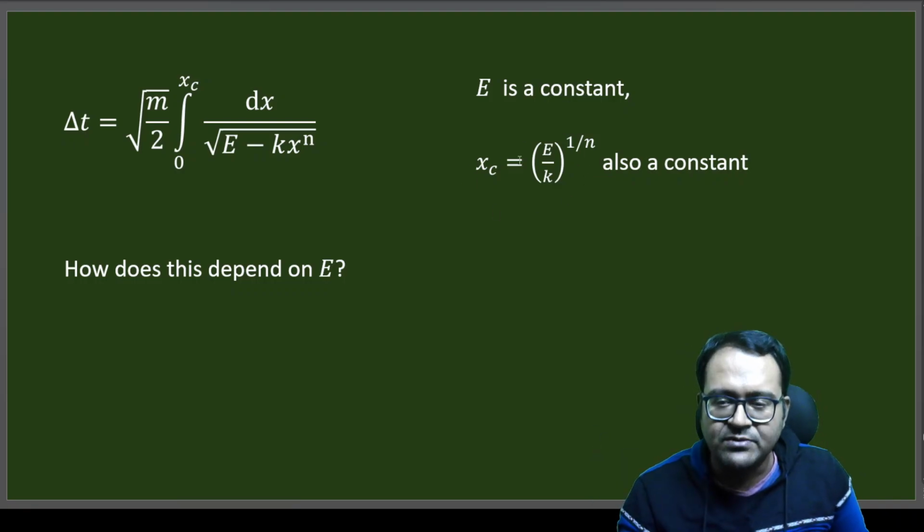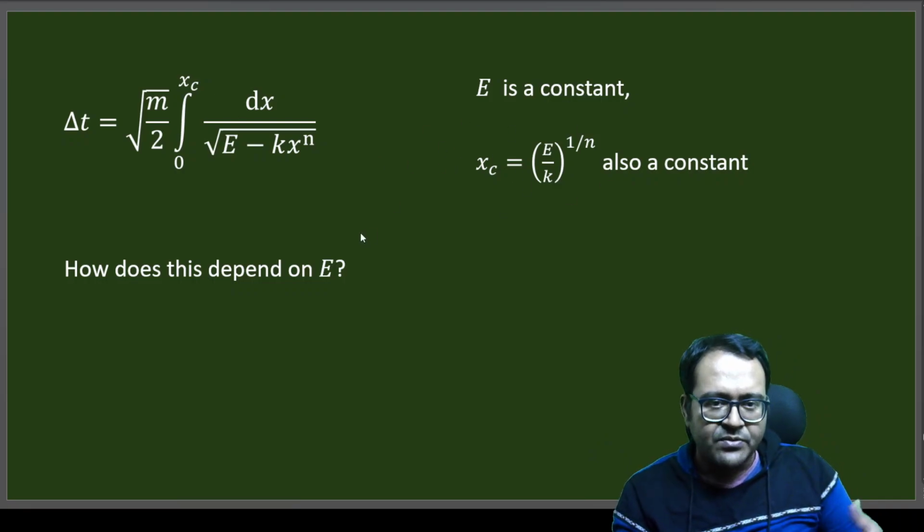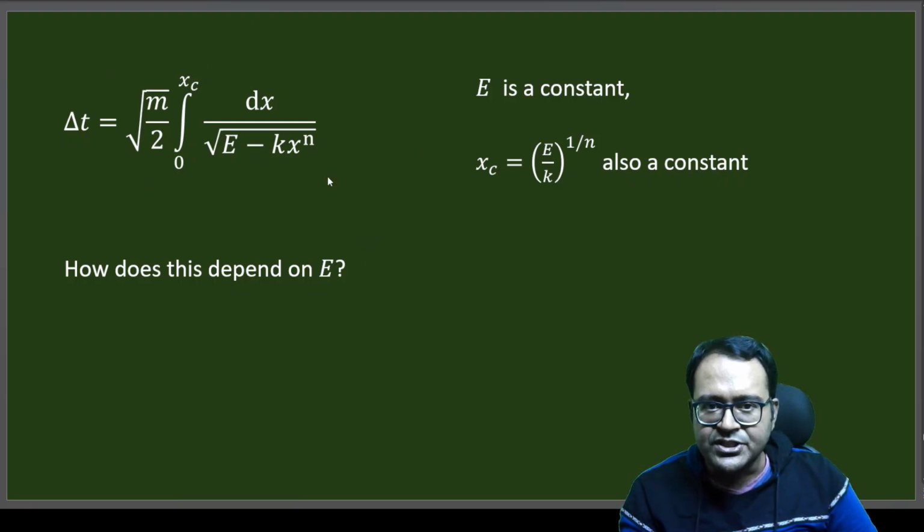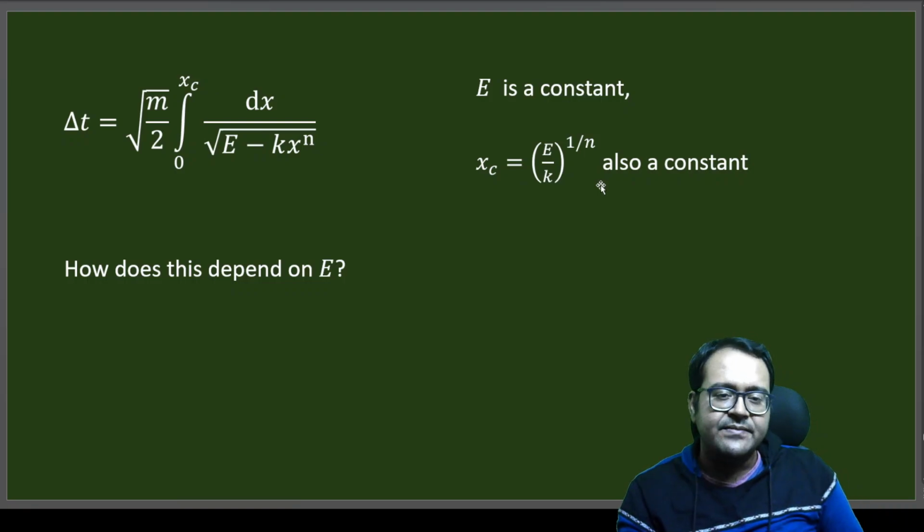We'll use this value later. Right now we just write xc. So just think very numerically that you need to evaluate this integration. You know e is a constant, and the integration limit ends at xc, which is e by k to the power 1 by n.